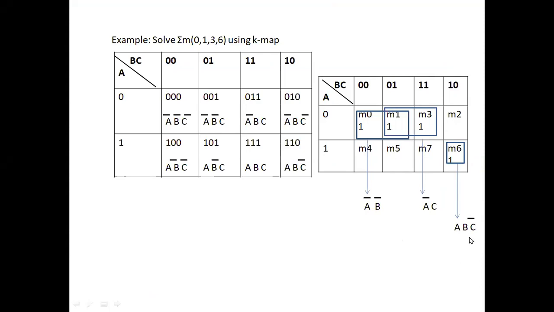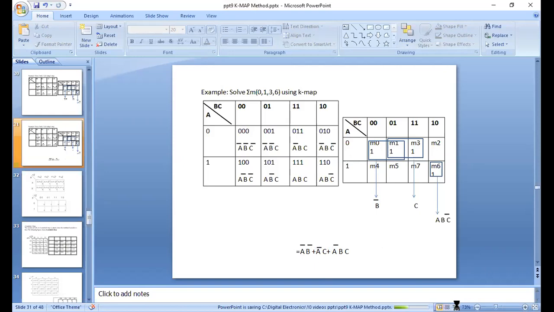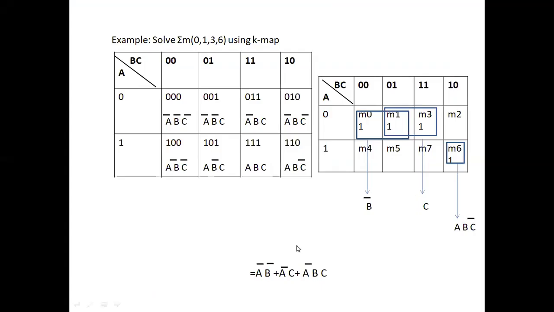So the final solution here is A bar B bar plus A bar C plus A B C bar. That is how we are going to simplify the given function.